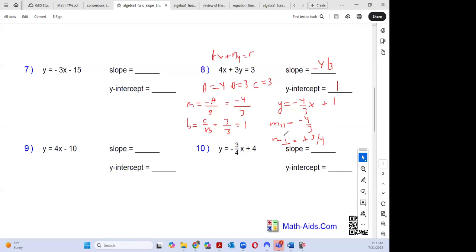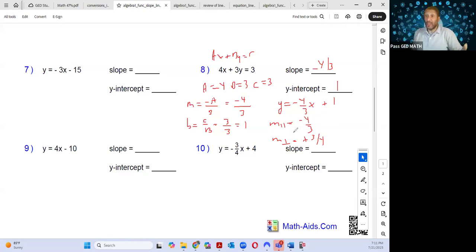They don't have to ask me for it. I can figure it out. Number 9, easy, slope-intercept form. Listen, if they give me something in slope-intercept form, I'm all the way to the bank, I'm laughing. Slope is 4, y-intercept is -10. Why? Because slope-intercept form is y equals mx plus b. Parallel lines have the same slope, 4.